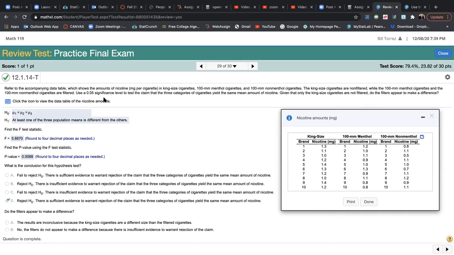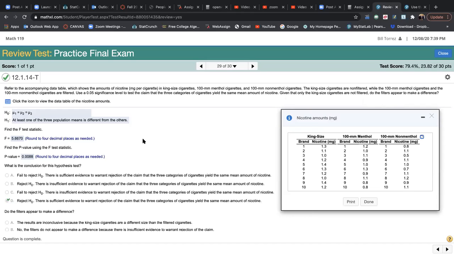Use a 0.05 significance level to test the claim that the three categories of cigarettes yield the same amount of nicotine. Then, given that only the king size cigarettes are not filtered, do the filters appear to make a difference?